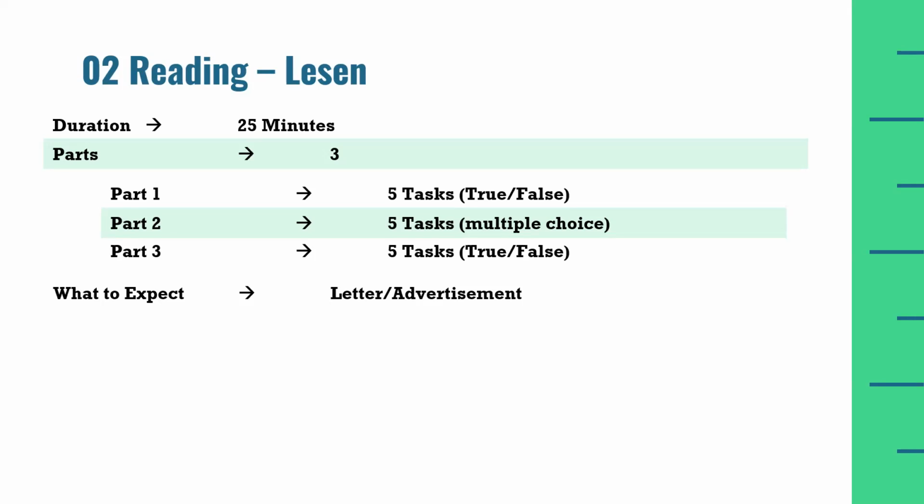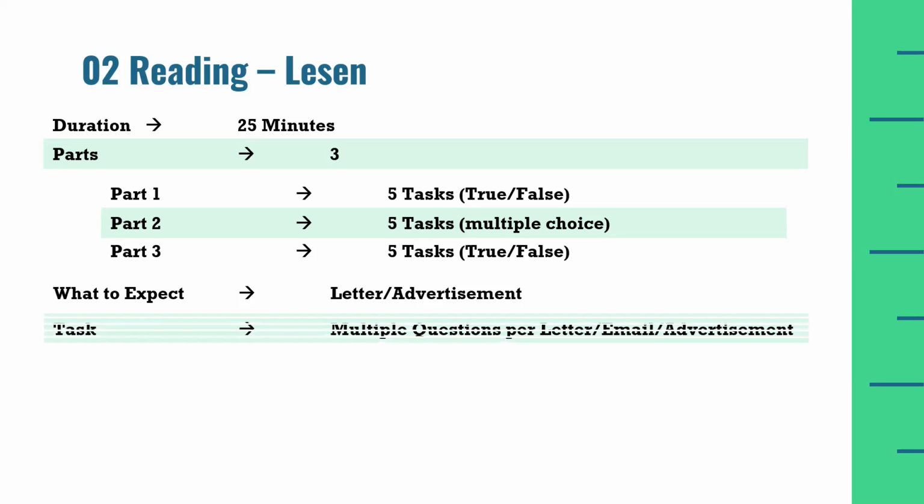We will be provided a letter, an advertisement or an email, and for each one we can have multiple questions. In the first part, we will be provided 5 tasks, and the type of questions will be true or false.